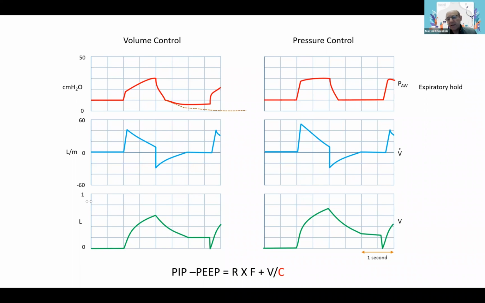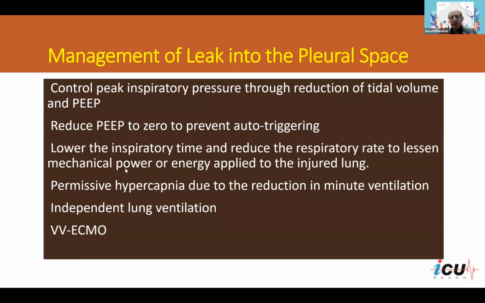What you need to do then, if you have the ability to do double intubation, would be great. I mentioned this actually in the last lecture. You put a tube that has two lumens, one on the right side and the other one on the left, and you do what we call independent lung ventilation.